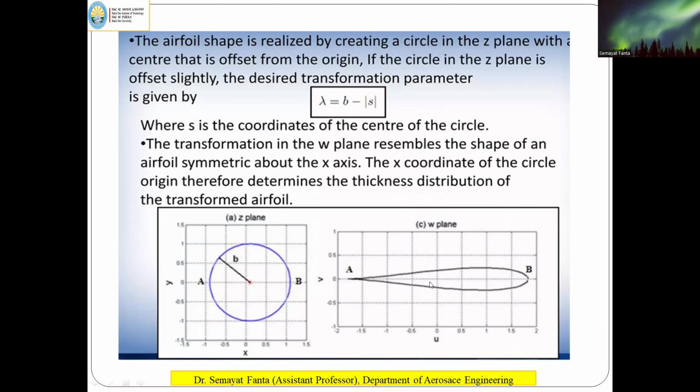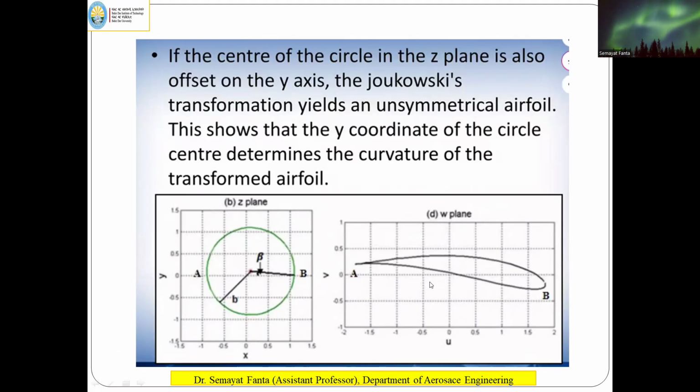We have also another type. If the center of the circle in the Z plane is also offset in the y-axis, the center is changed to some point on the y-axis, what happens? According to the Joukowski transformation, it yields a cambered aerofoil.